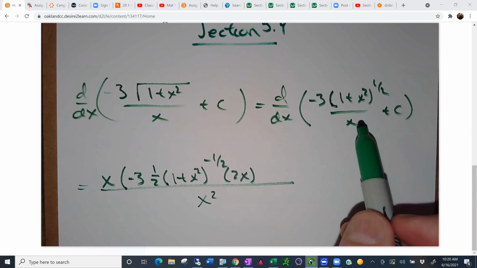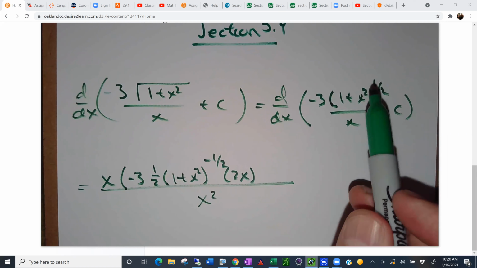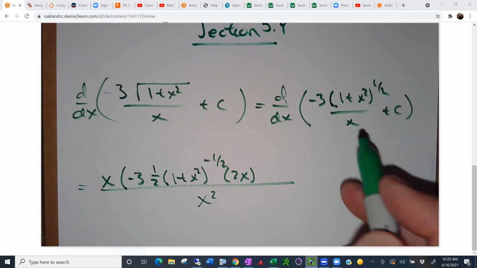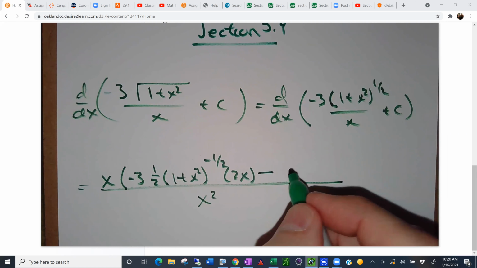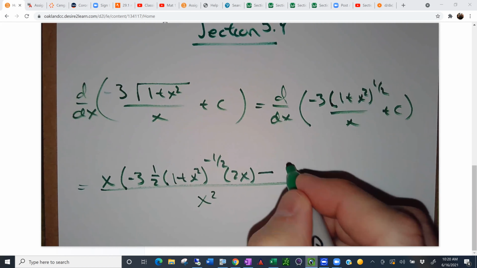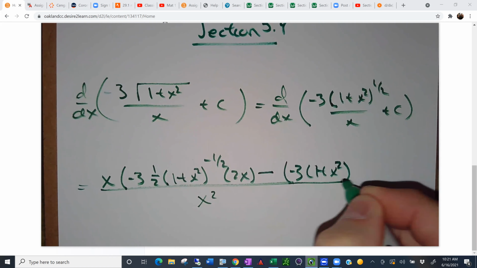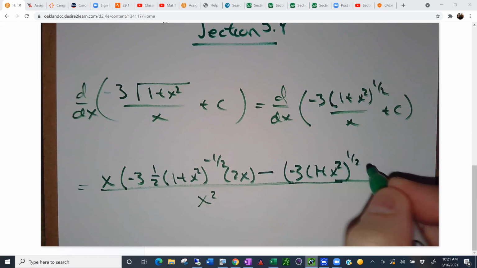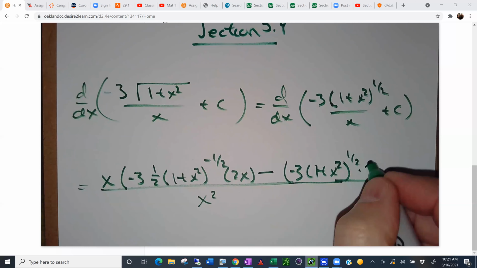So that's the denominator times the derivative of the numerator. And then we need the numerator times the derivative of the denominator. So minus the numerator, which is -3, 1 plus x squared to the 1/2 times the derivative of the denominator, and the derivative of the denominator is just 1.